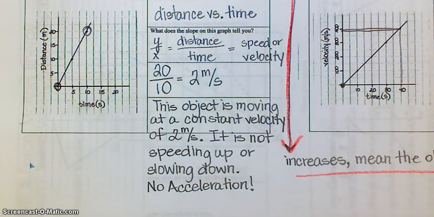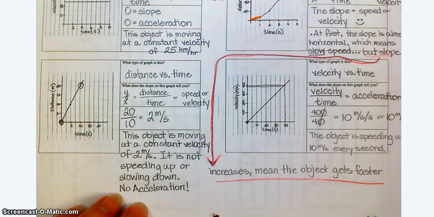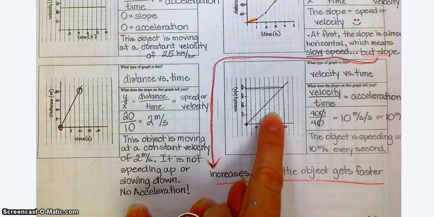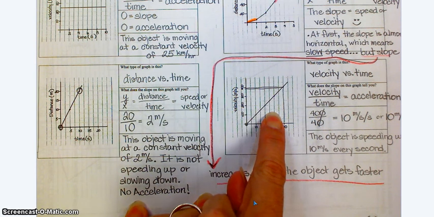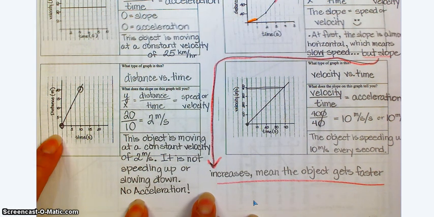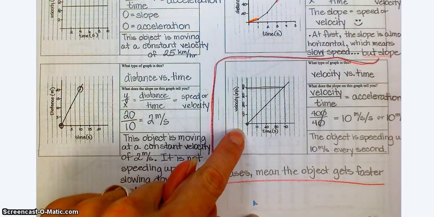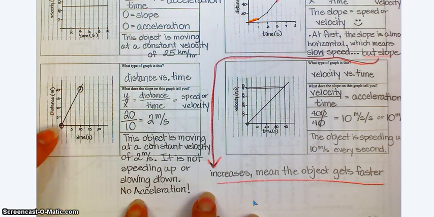Now, here's a big thing that I want you to understand. Look at the two bottom graphs. Do they look similar? They look similar. But this one is a distance versus time graph. What's this one? That's a velocity versus time graph. Okay? A straight line on a distance versus time graph means something is moving with constant velocity.